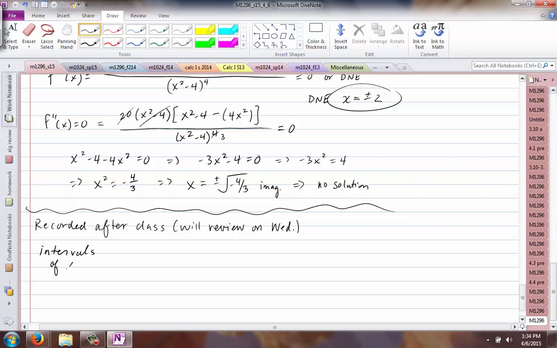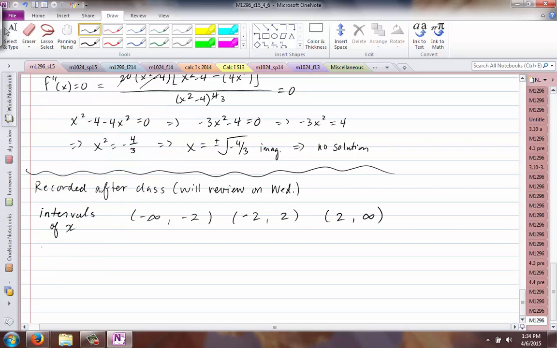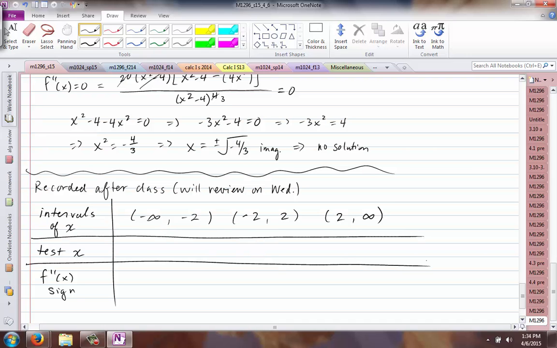So the intervals of x are going to be from negative infinity to our first value from the second derivative being undefined or equal to 0, so that was negative 2, then negative 2 to 2, and then 2 to infinity. Next, we're going to obtain a test x value so we can determine the sign of the second derivative, and that'll tell us the concavity on that interval.